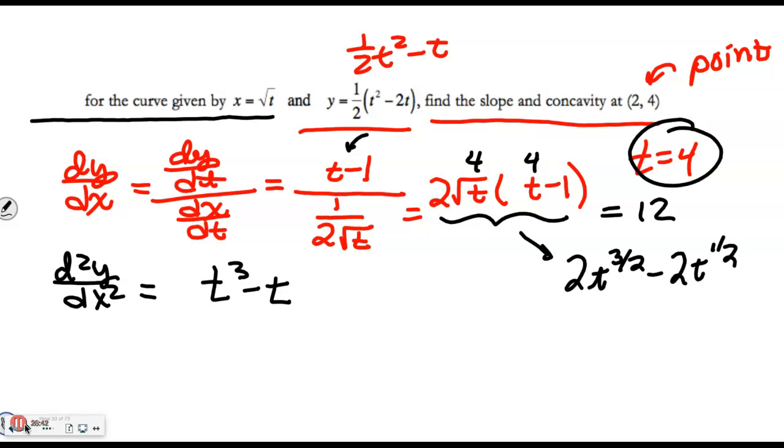I think I'm good, aren't I? Then what do I need? This was my first derivative, correct? Is this my second derivative? Yes or no? Is this my second derivative? What's wrong with it? I didn't divide by dx dt. And what was dx dt?